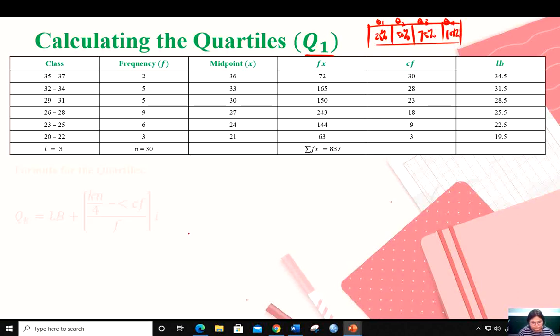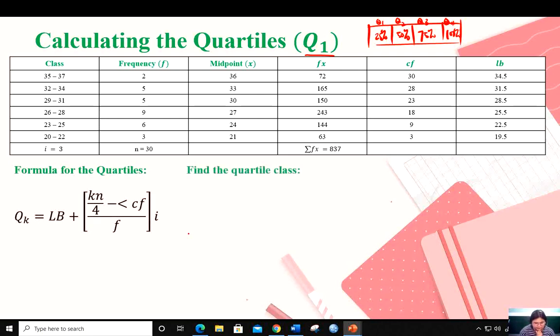Okay po? So this is our formula. First, identify the quartile class. So we're going to get the product of Kn all over 4. Our K is 1, kasi yun yung hinahanap natin na position ng quartile. Our N is 30 based on the FDT.